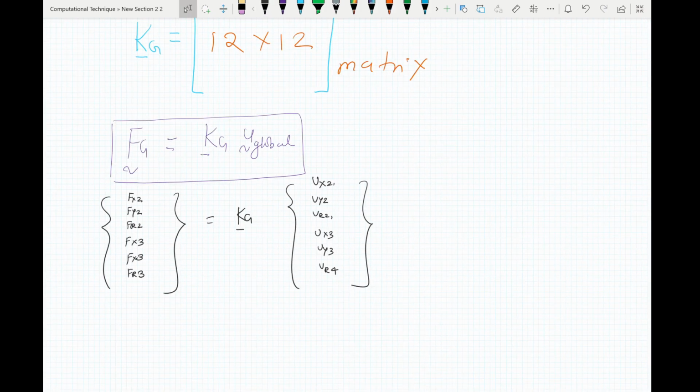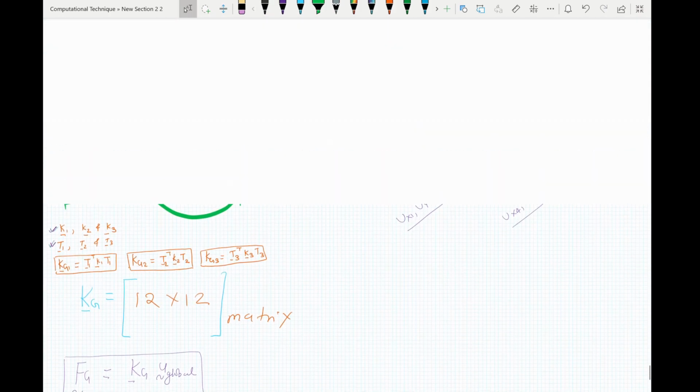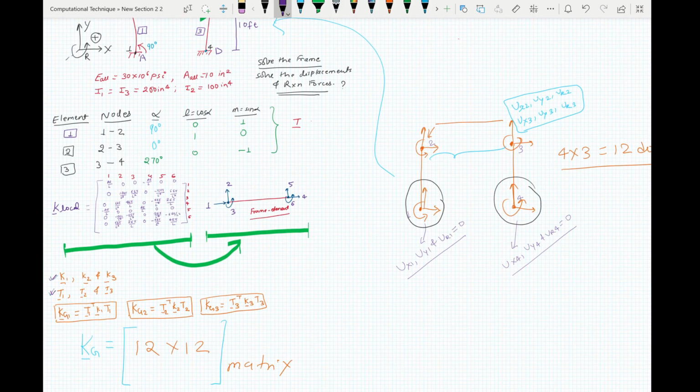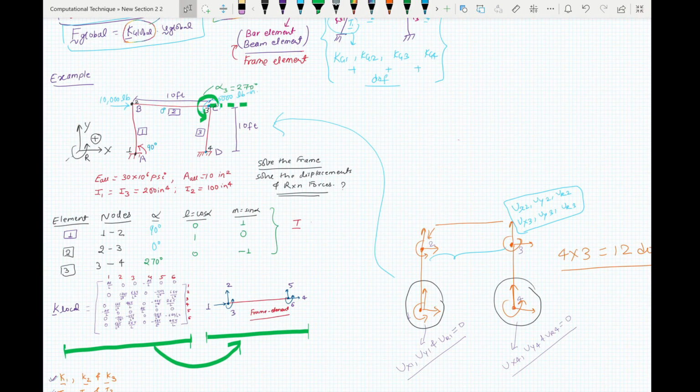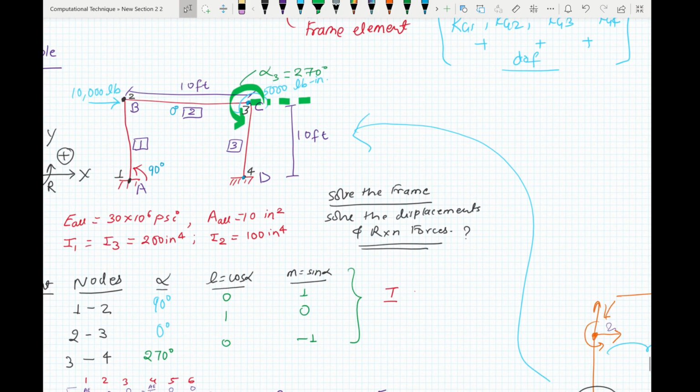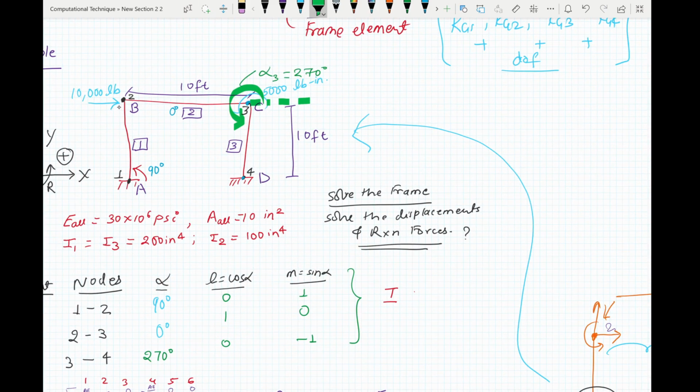You can see here the forces applied in the frame are only in direction Fx2 and Fr3.